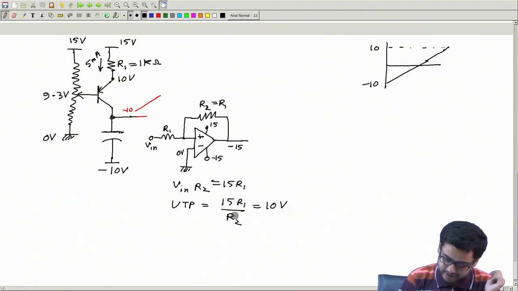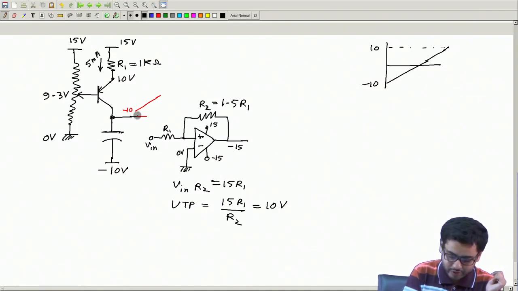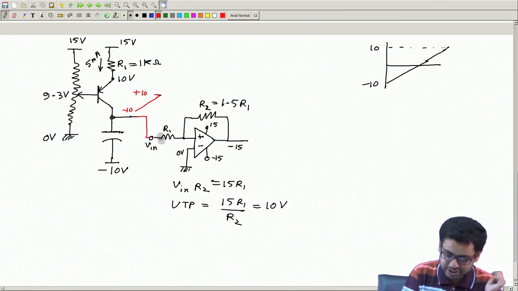If so, I will take R2 equals 1.5 R1. If this is equal to 1.5 R1, then this will be 10 volt. Fine. So when this goes to plus 10 volt, then this Schmitt trigger will be activated and its output will be plus 15 volt.